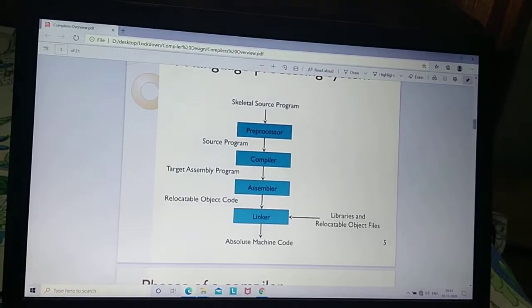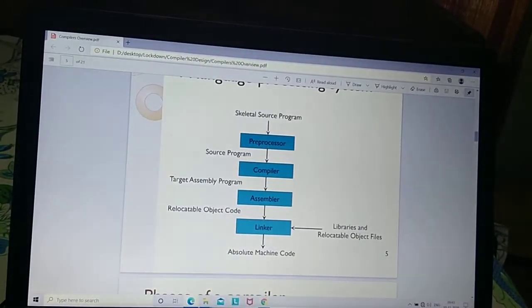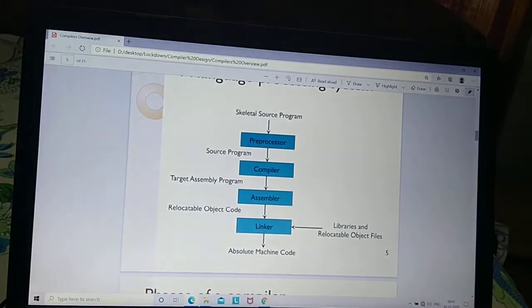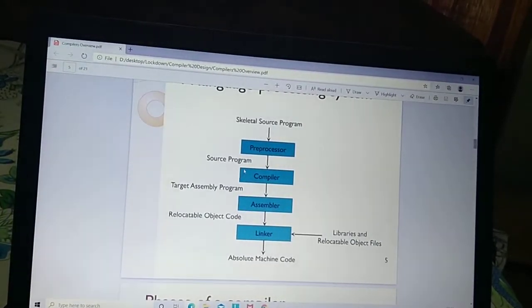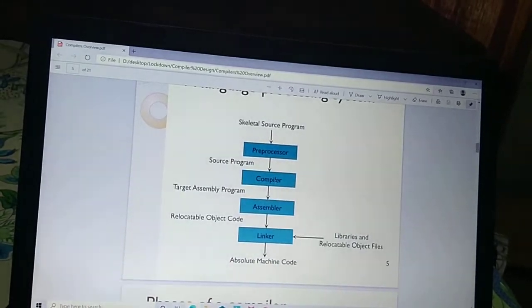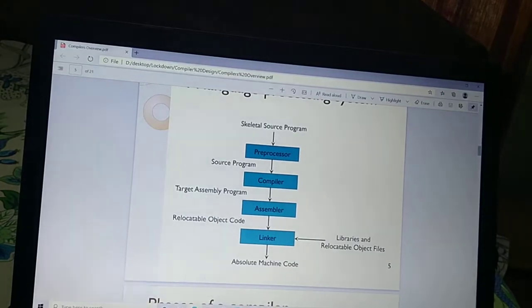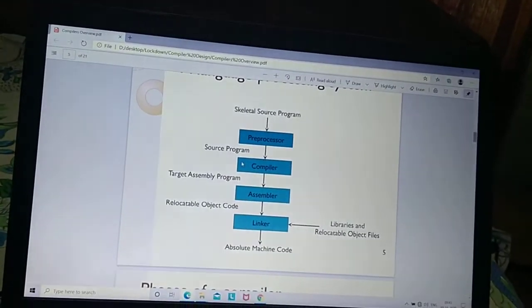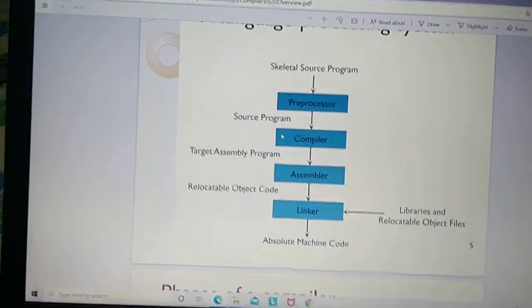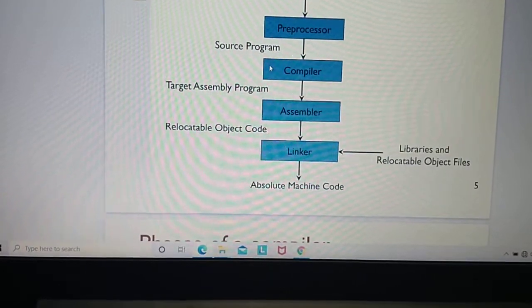The preprocessor reads the skeleton source program and translates it into the equivalent source program. The source program is passed through the compiler, and the compiler generates the target assembly program. Then the target assembly program is passed through the assembler, which generates the relocatable object code.